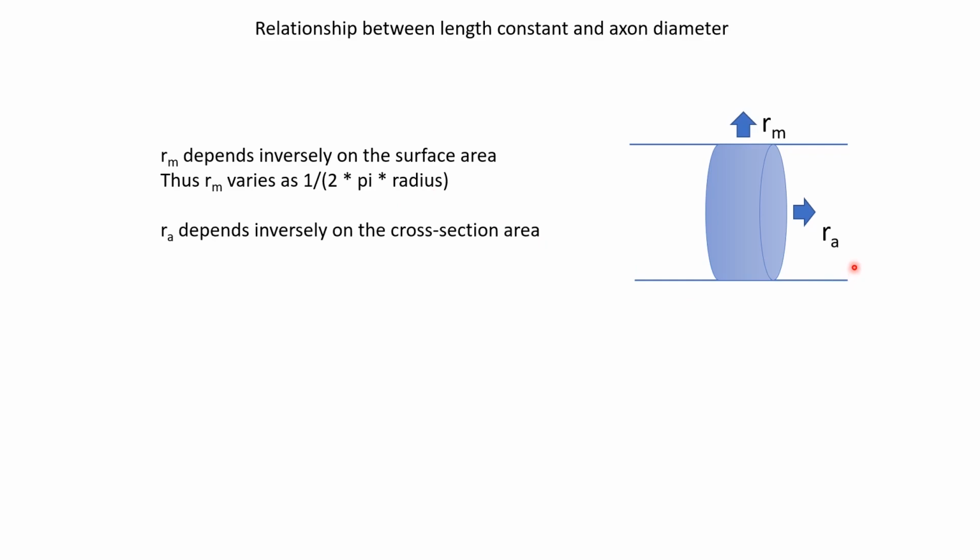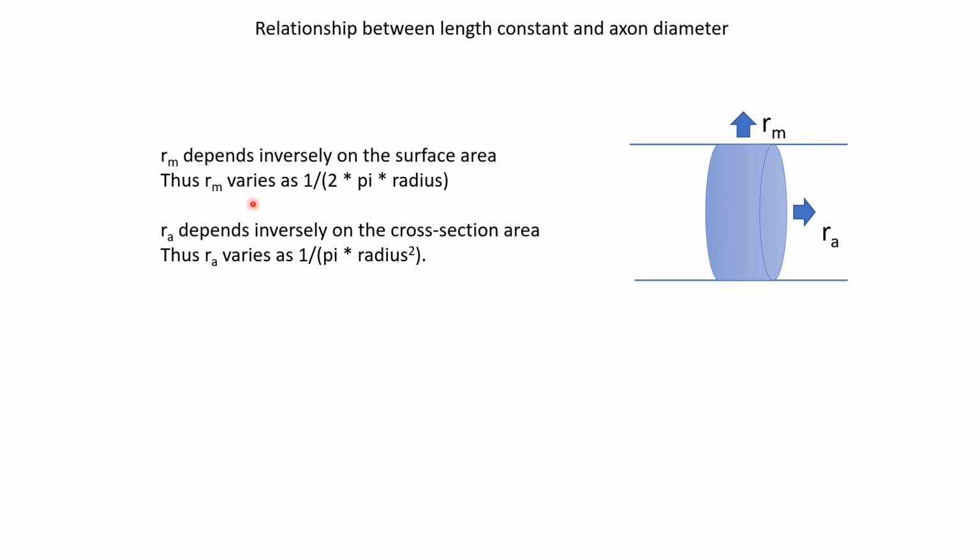and Ra is the axial resistance. So current is flowing in this direction, and this is the cross section area that it is encountering. So the axial resistance will be inversely proportional to this cross sectional area, and this area is pi radius square. So Ra would be inversely proportional to pi radius square.